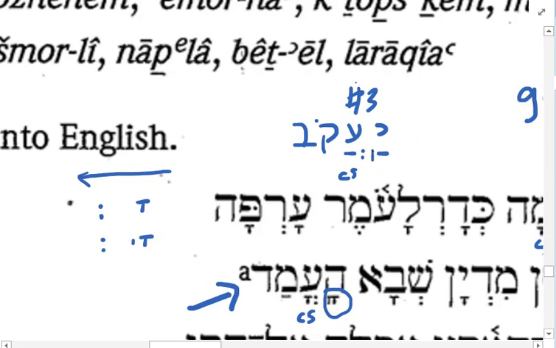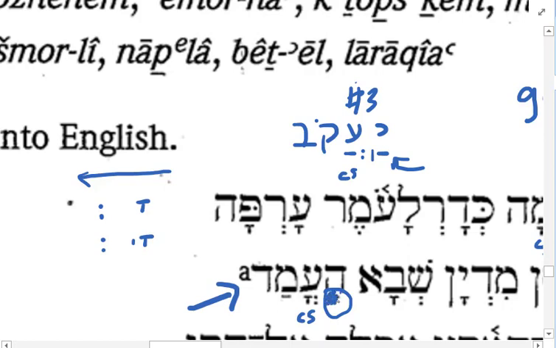Does the function of that metheg have anything to do with disambiguating what this vowel is that it's next to? No, because that vowel is not ambiguous anyway, right? So that metheg is there just because methegs frequently go before compound shavas. And that's the same here. This metheg here is not there to disambiguate what the kametz symbol is doing. It's just there because the compound shava is coming after it. So I can't use it.